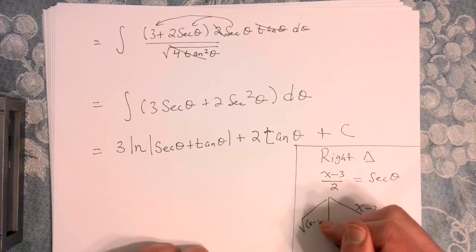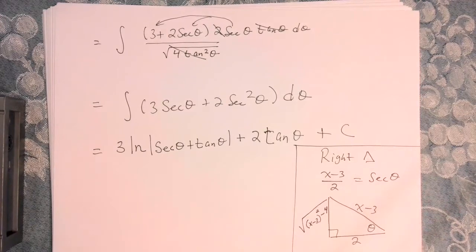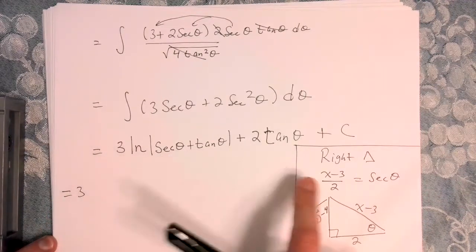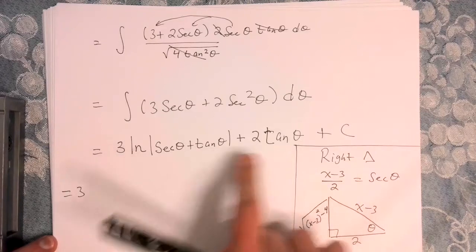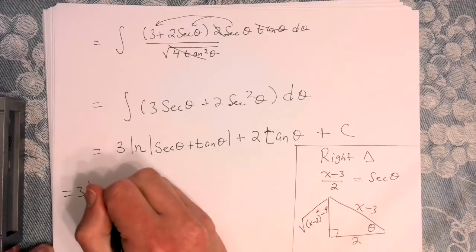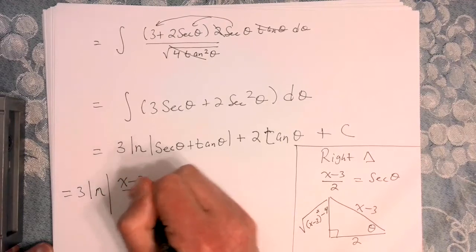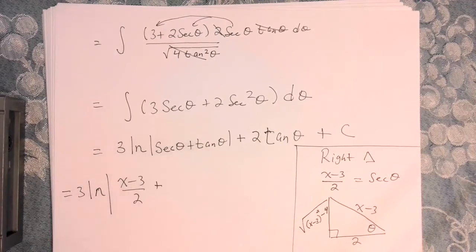And so that's x minus 3 quantity squared minus 4. That's my missing side. And I've got all the stuff I need to figure out secant of theta, which I have for free, and really tangent of theta. So this is 3 times the natural log of, well, secant of theta plus tangent of theta.